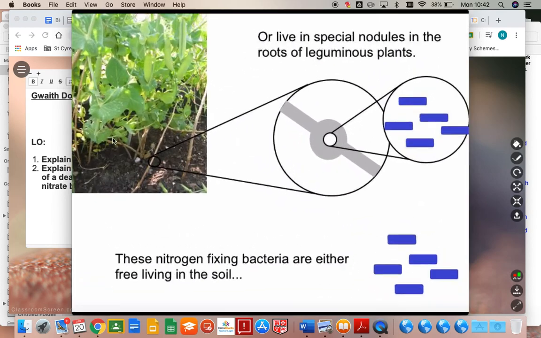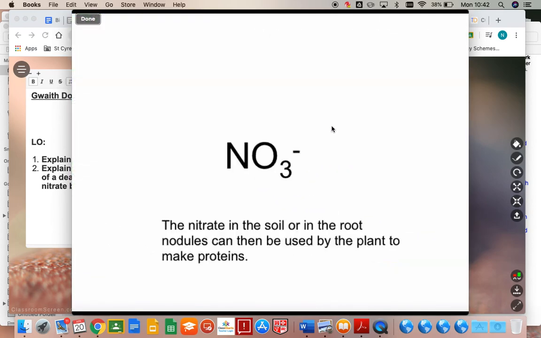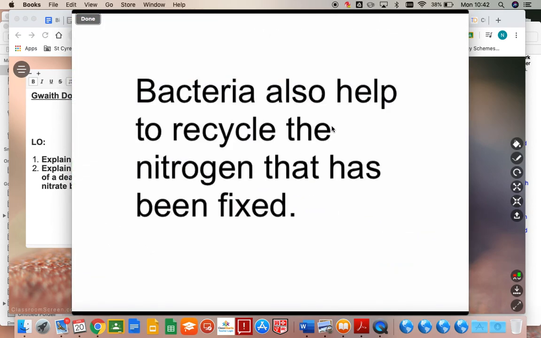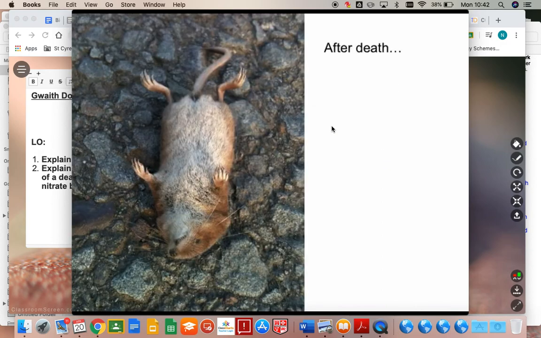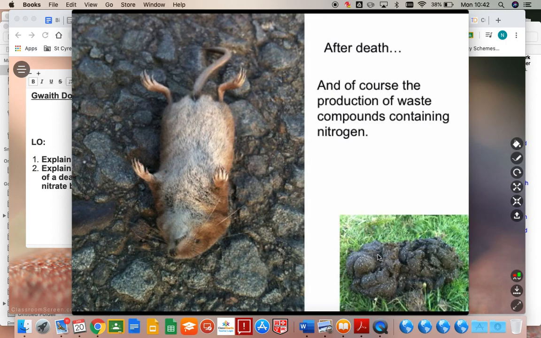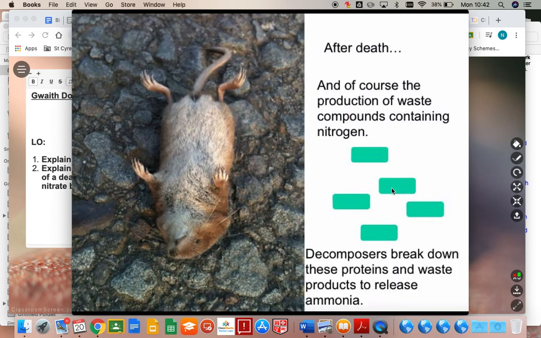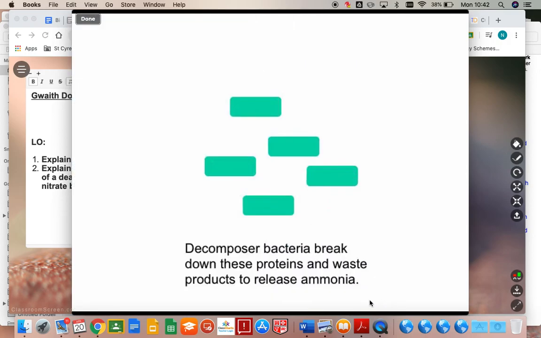These nitrates are used by the plant to make proteins, but then we have some other bacteria which take the proteins in dead animals, say this mouse here, or mussels, which have lots of protein in them. Waste products like feces and urine, urea, contain nitrogen as well. First we have decomposing bacteria, and these are the smelly ones. They release the smelly ammonia, NH3.